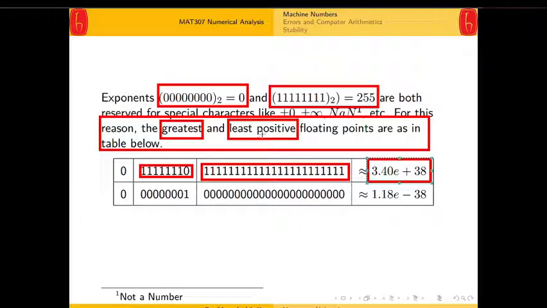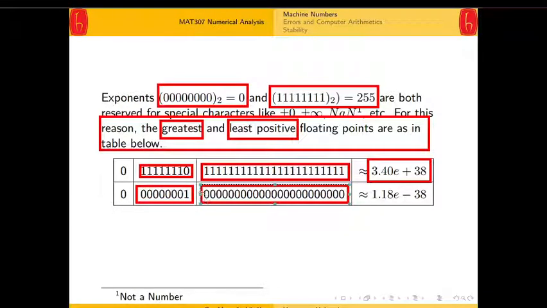What about the least positive floating point? We still have 0 in the sign because we have positive numbers, and the least number can be obtained by having the least exponent. For the least exponent we would have zeros everywhere, but zeros everywhere is a special character, so we replace the last position with 1. This way we obtain a number instead of a special character. For the mantissa, we have zeros everywhere to have the least number.